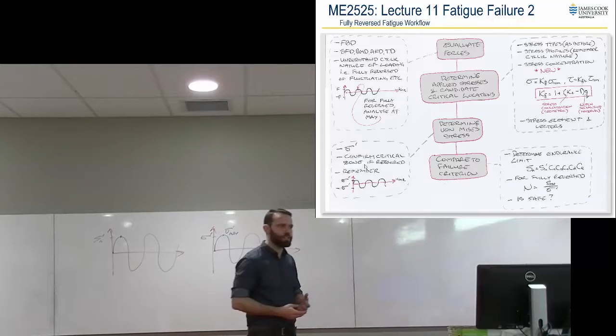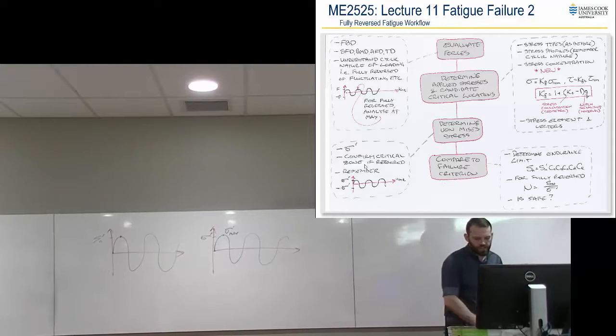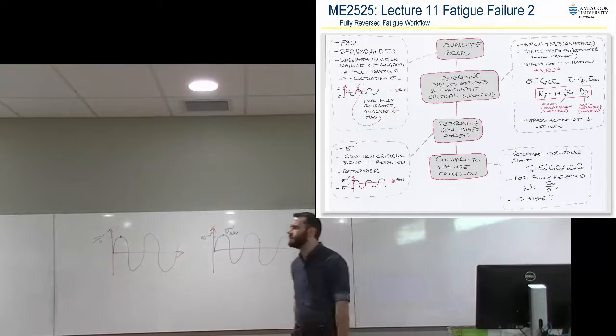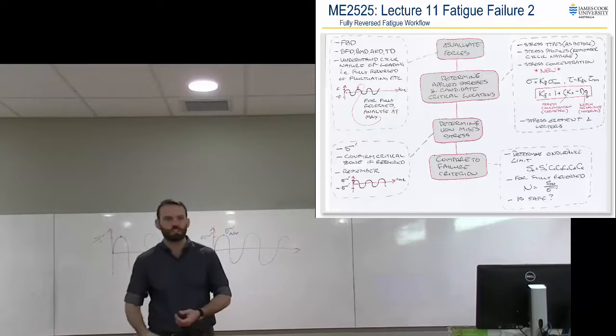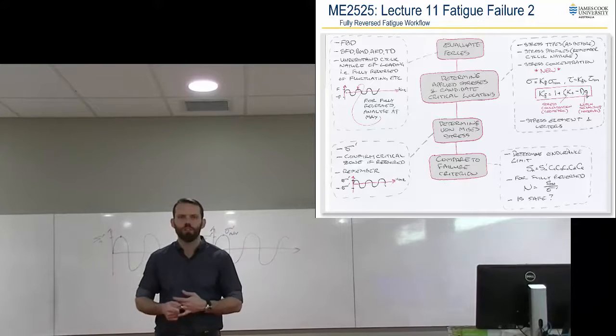And at the end, the last step, as before, we compare a failure criterion. In this case, our failure criterion, I showed you on a slide at the end of the last lecture, is n equals Sn on von Mises, and that Sn is this equation. We take our RR Moore bending result, 10 to the 6 is what we use for steel, 10 to the 8 for aluminium, and we modify it with all of those different factors.